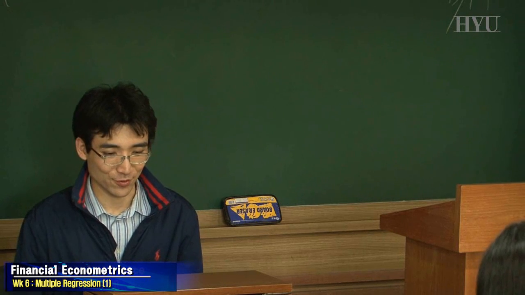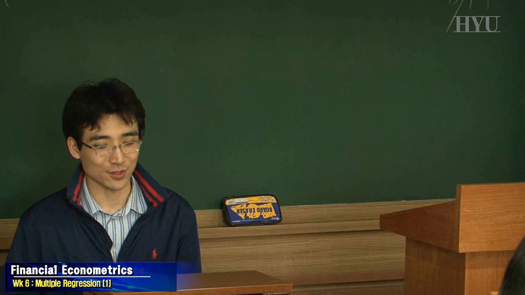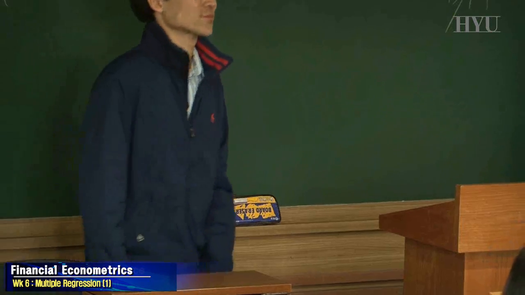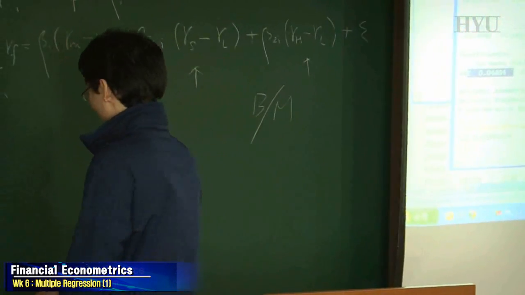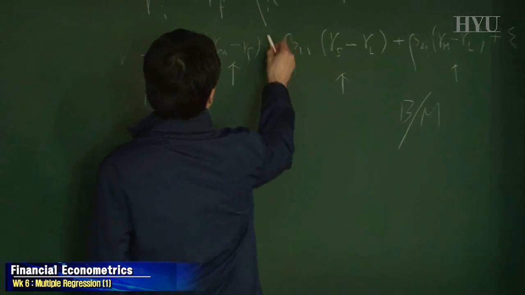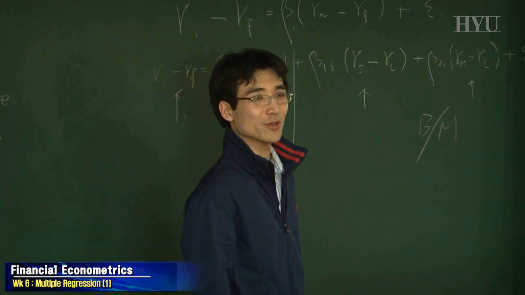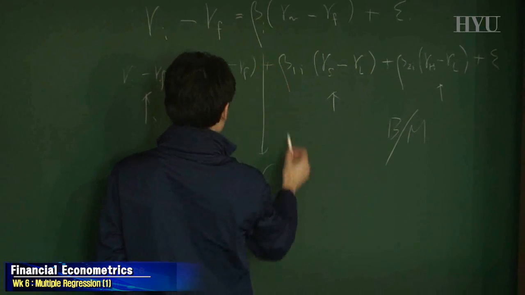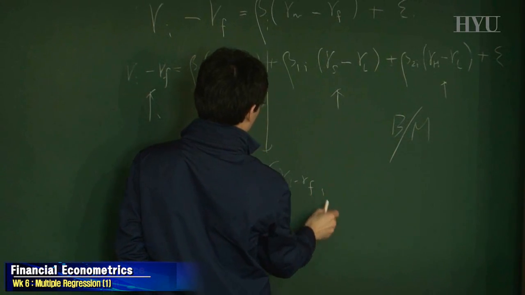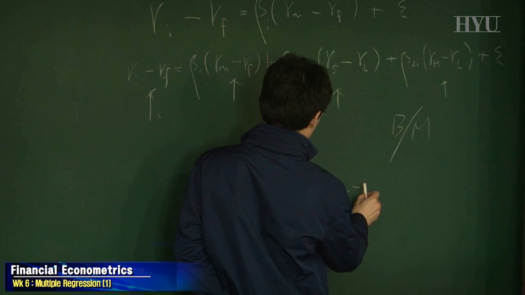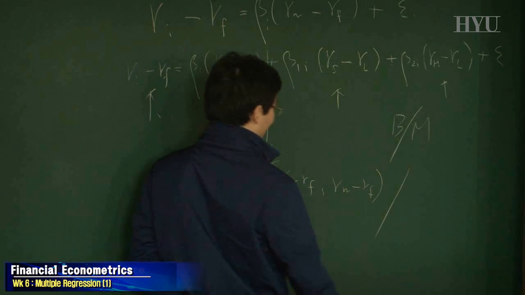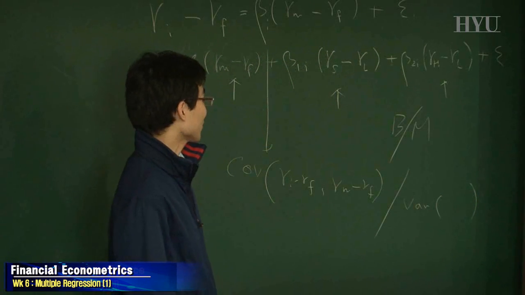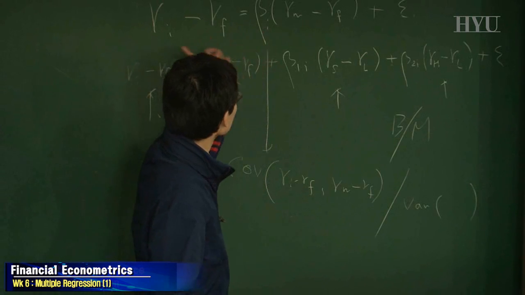This is the definition of the regression coefficient, so these numbers are the same. In the capital asset pricing model, this beta is the regression coefficient, and mathematically it is the covariance of the excess return of this asset and the market, divided by the variance of the market premium. So this is the capital asset pricing model: beta, excess return, and this is the 1 factor.